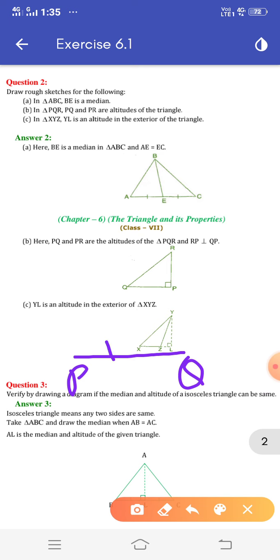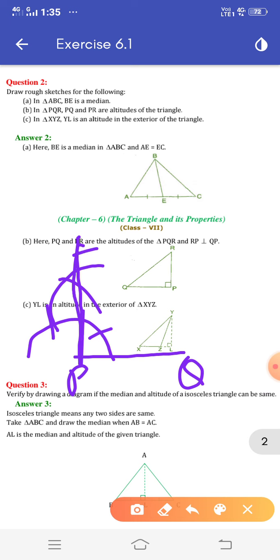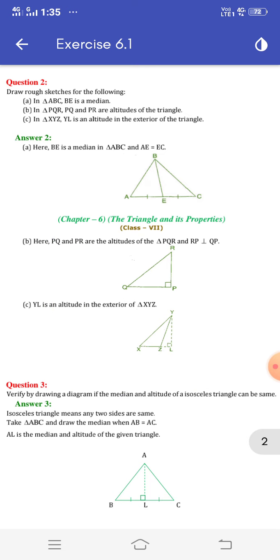First of all you have to draw a 90 degree angle on it. First cut 60, second 120, and mark this on 120. You can make a right angle. This is our right angle, and now mark any point on this line and join it to P. Name it R. Okay, here both are altitudes. First is PR and the second is PQ. Okay, 2 altitudes in this sum.